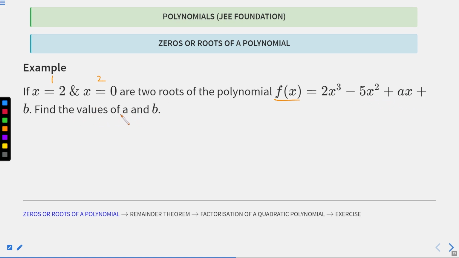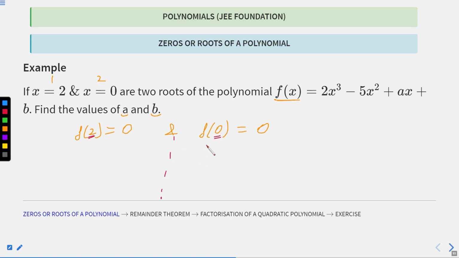So I have to find out the value of a and b. It is quite simple. Just solve it like this. First of all, f(2) equals 0, and also f(0) equals 0, because both 2 and 0 are my roots. So let's solve it and find the a and b values one by one.